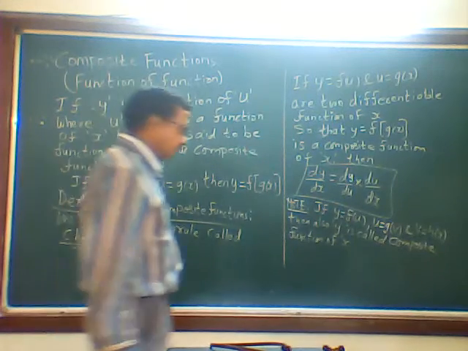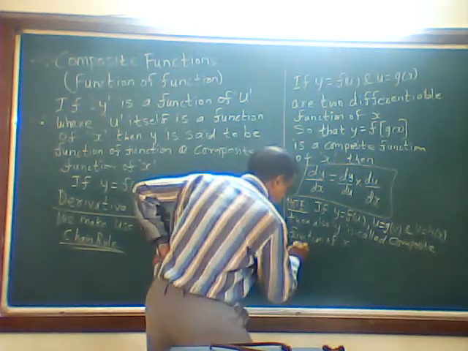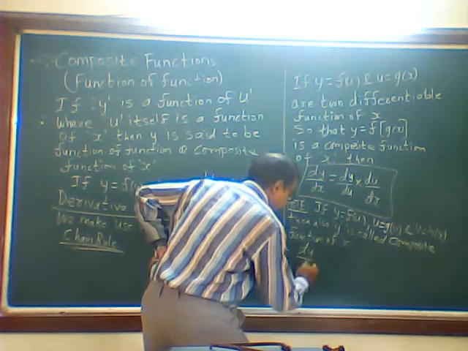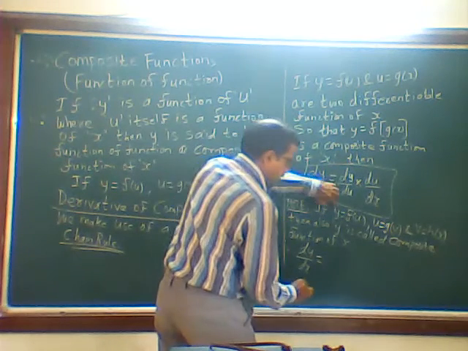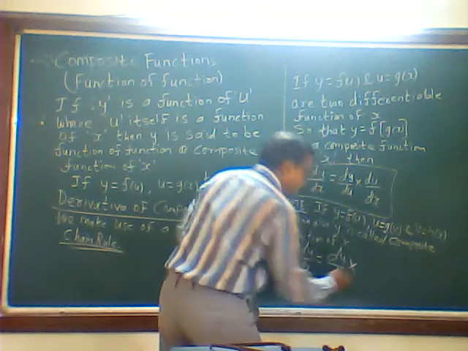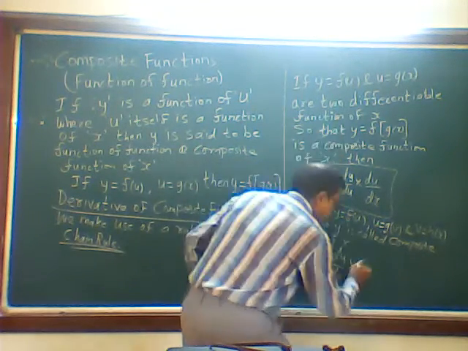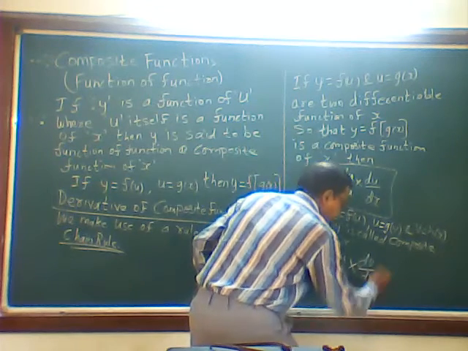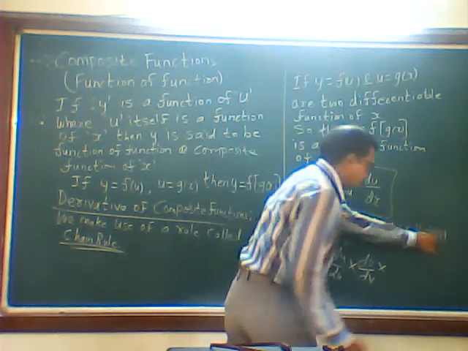Then we will write dy by dx for this. Therefore dy by dx is equal to dy by du into du by dv into dv by dx.